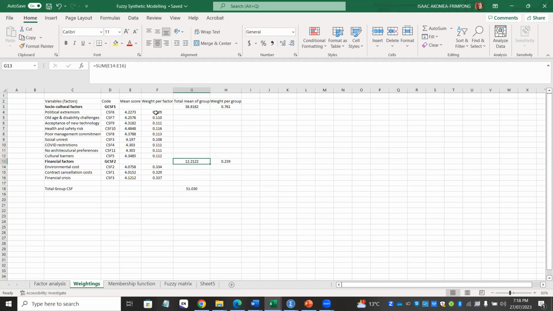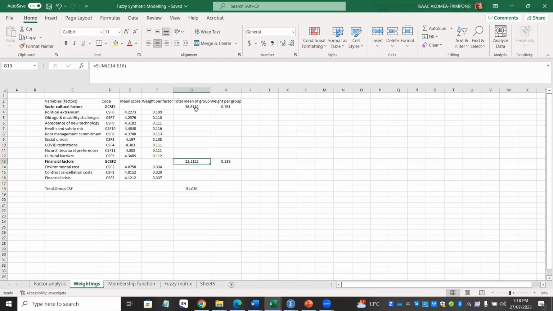So the next thing to do is to allocate the weight, I mean, allocate the contribution of the mean that is coming from each of the variables or the factors to the whole group. Because the 38.882 represents the total mean of the whole group.